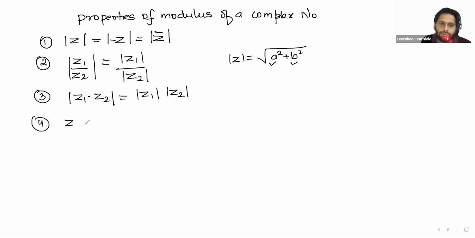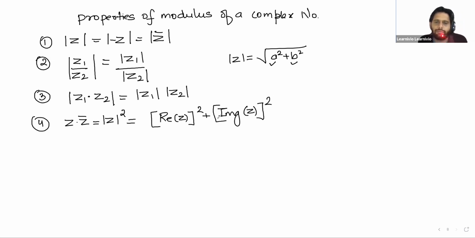Z into Z conjugate is equal to modulus of Z square, and this is equal to real part of Z whole square plus imaginary part of Z whole square. Okay, so we have this property.